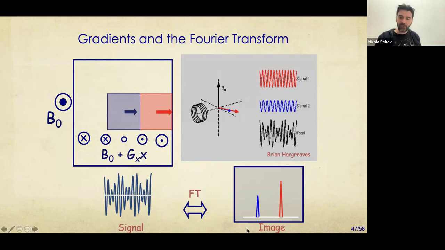In this case, the Fourier transform will tell you, oh yeah, there's a little bit of blue right here at this frequency, and there's a little bit of red right here at this frequency. There's more red than blue. So this is still very hand-wavy, but have you been convinced that by manipulating the center frequency using a gradient, I'm able to map position to frequency?